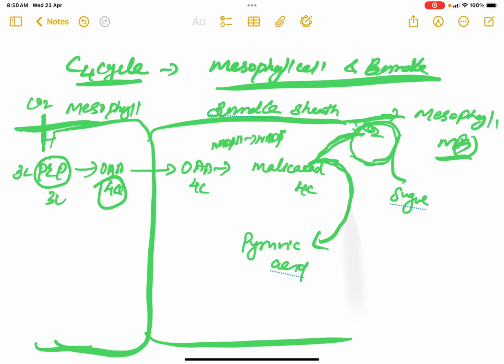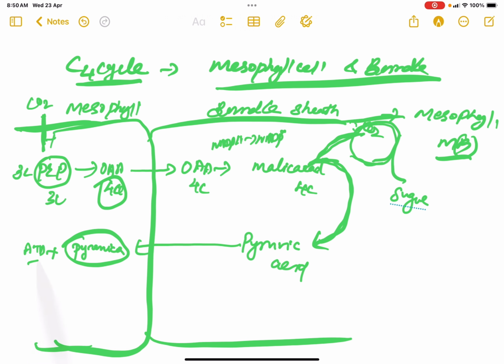The remaining 3-carbon compound pyruvic acid is transported back to the mesophyll cells, where phosphorylation takes place.